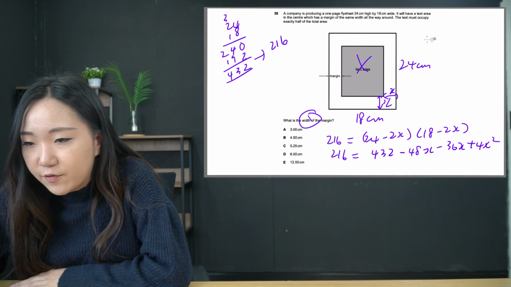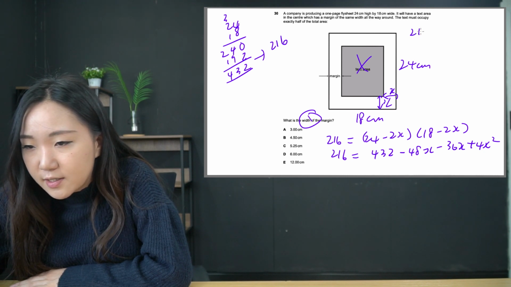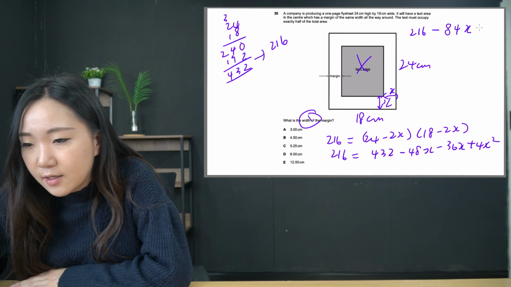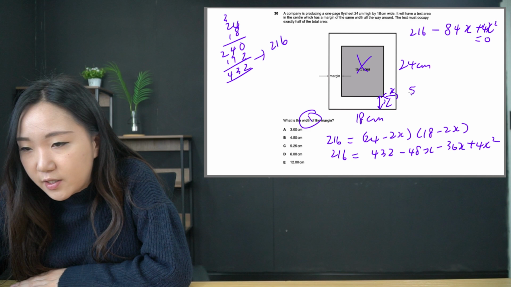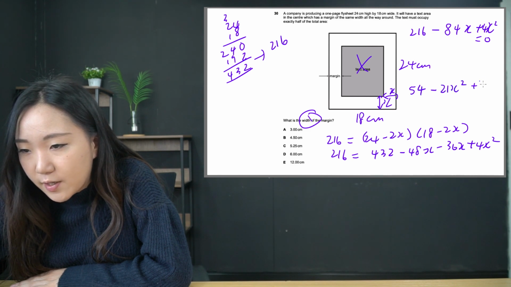Let's put it equal to 0. So we're going to get 216 minus 84x plus 4x squared is equal to 0. Let's simplify that a little bit. We'll divide it through by 4. That's going to give us 54 minus 21x plus x squared equals 0.